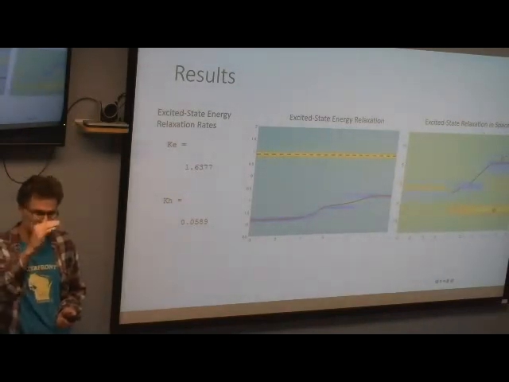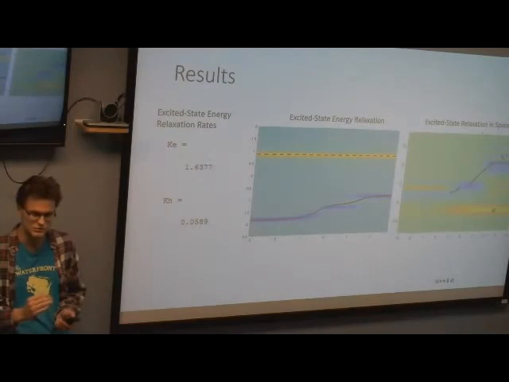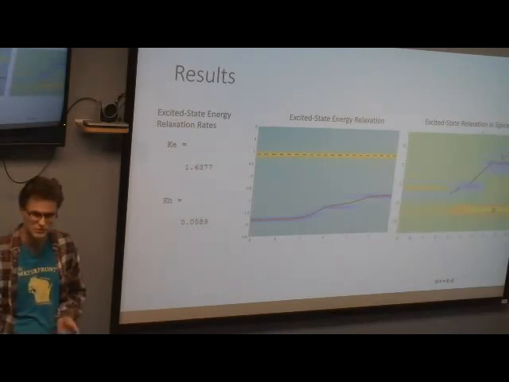Then it does that each time step. So it's an average relaxation rate. At each time step, it doesn't compute a new rate. So it's the same rate throughout this whole simulation.